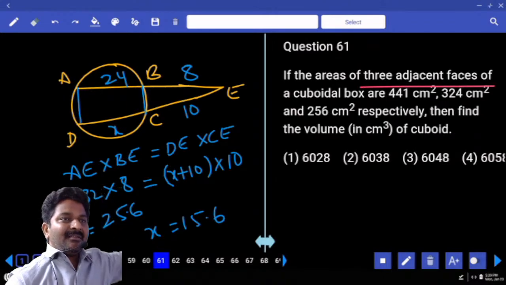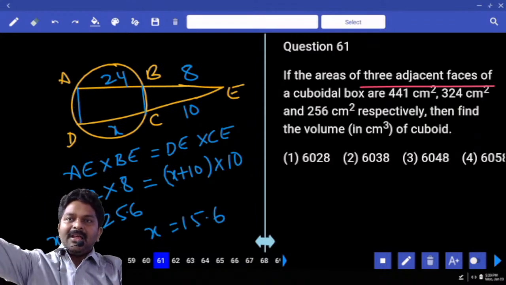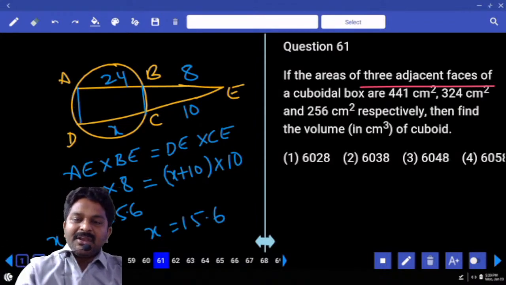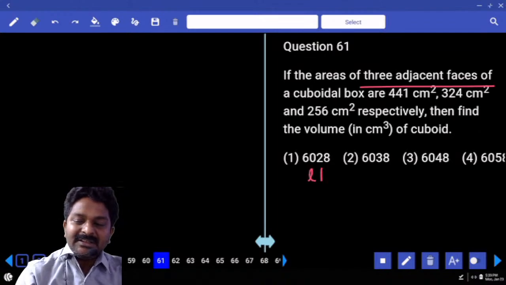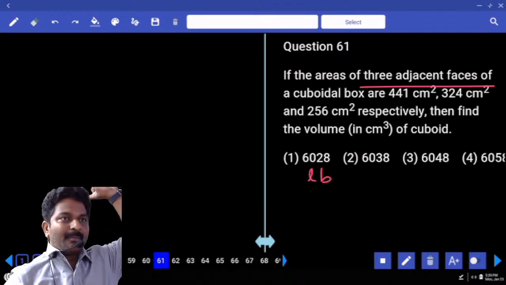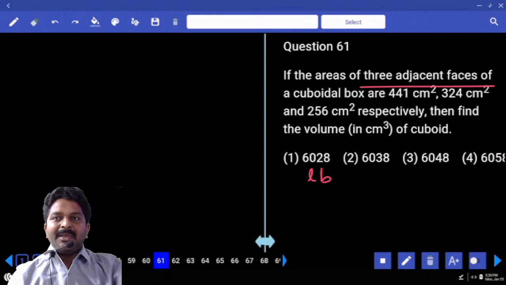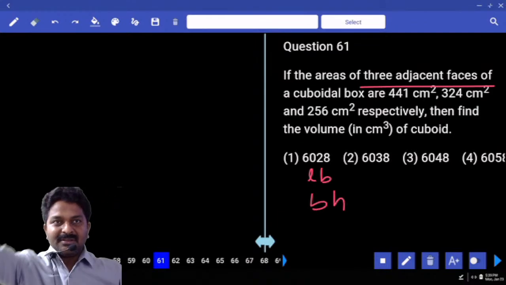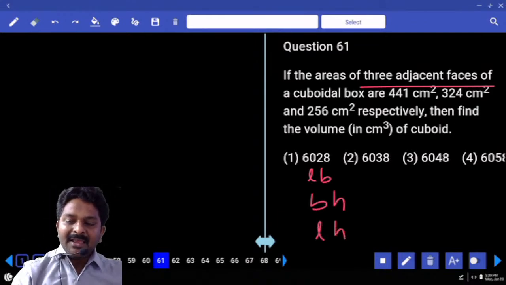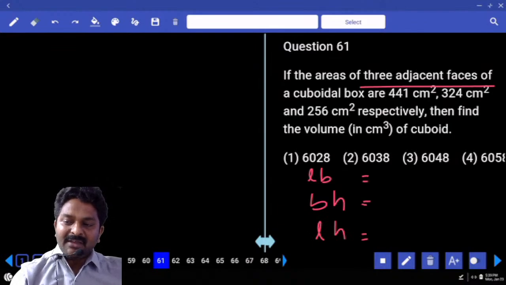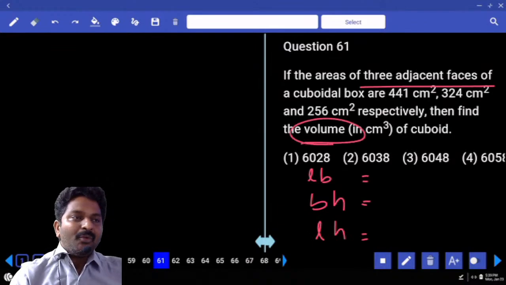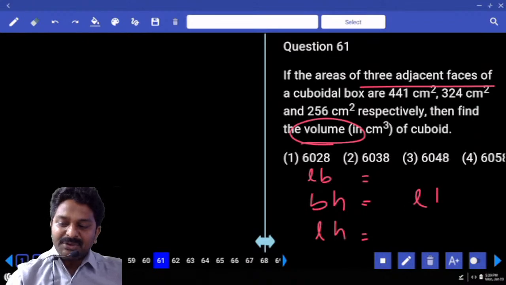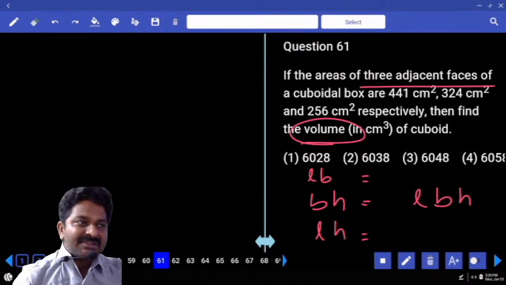Front side, bottom, left side. So, you can take their areas as LB, BH, LH. These values were given and we were asked to calculate volume. Volume in the sense, from this we need to get LBH, correct?